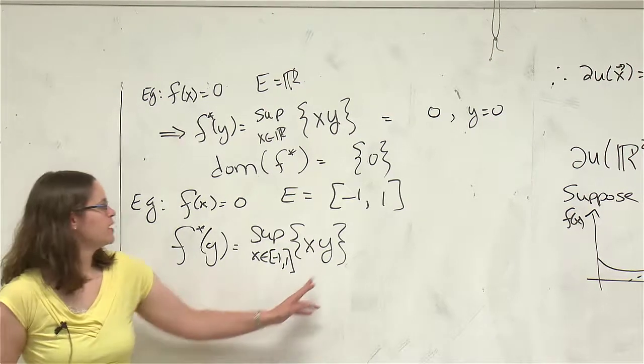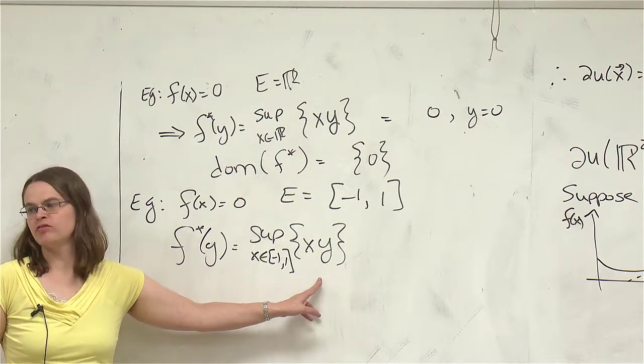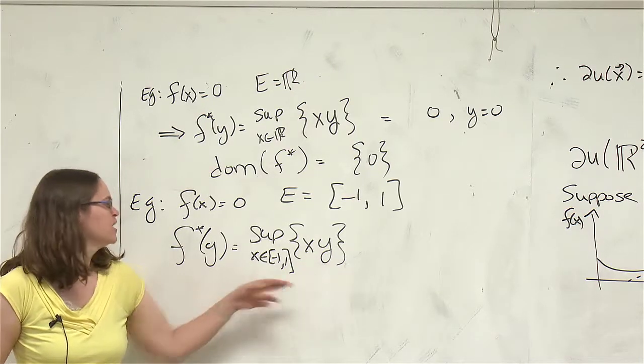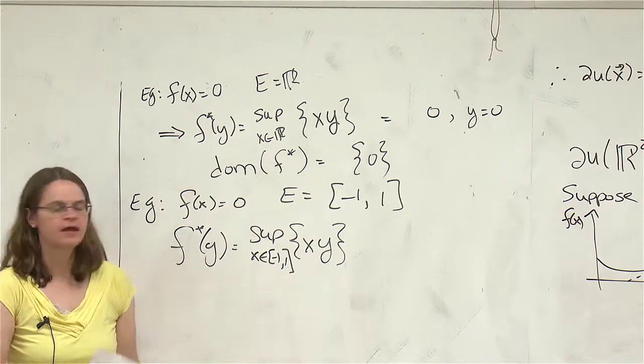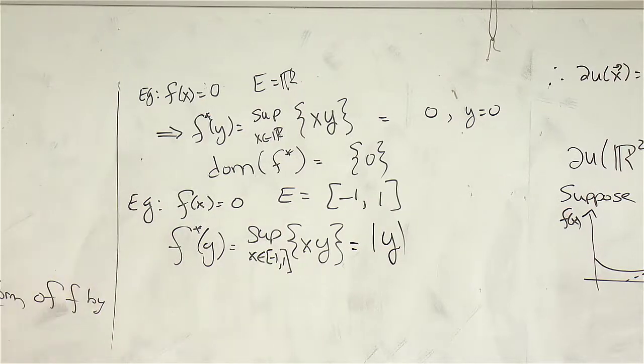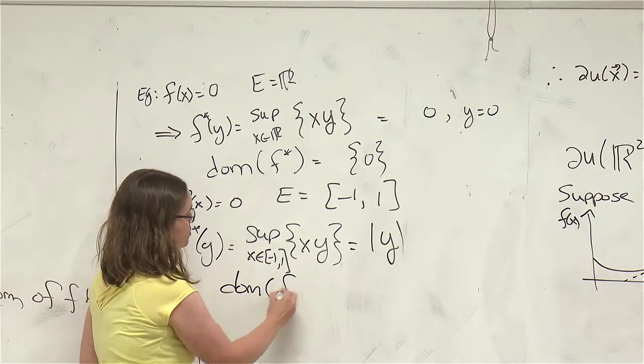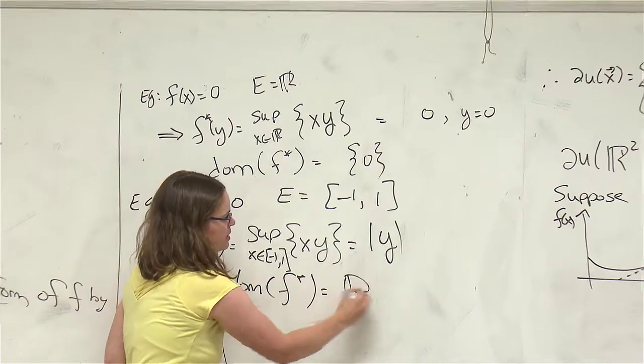And now what's the best I can do here? If y is positive, I pick x to be positive 1. That's the maximum I can get. If y is negative, I pick x to be minus 1. That's the biggest I can get. This is now equal to the absolute value of y. And now the domain is anything. So the domain of f star is everything.